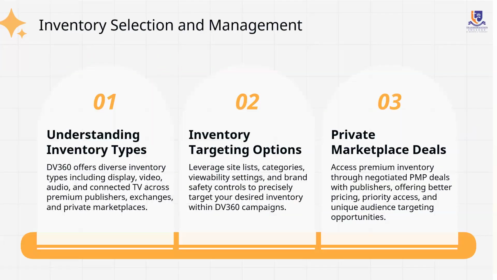So on inventory selection and management, first of all, you need to understand the inventory types. DV360 offers diverse inventory types, including display, video, audio, and connected TV across premium publishers, exchanges and private marketplaces. So there is a lot you can do with that kind of inventory. You have to know the particular kind of inventory you are using to know which one you're going to select.